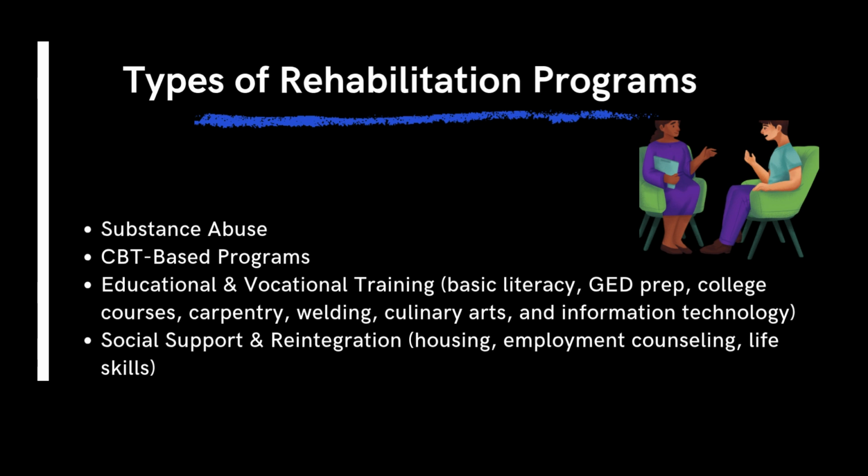We see several different types of rehabilitation programs offered, which include substance abuse, CBT therapy programs, educational and vocational training, and social support and reintegration programs. In the substance abuse program, the aim is to reduce dependency on substances.